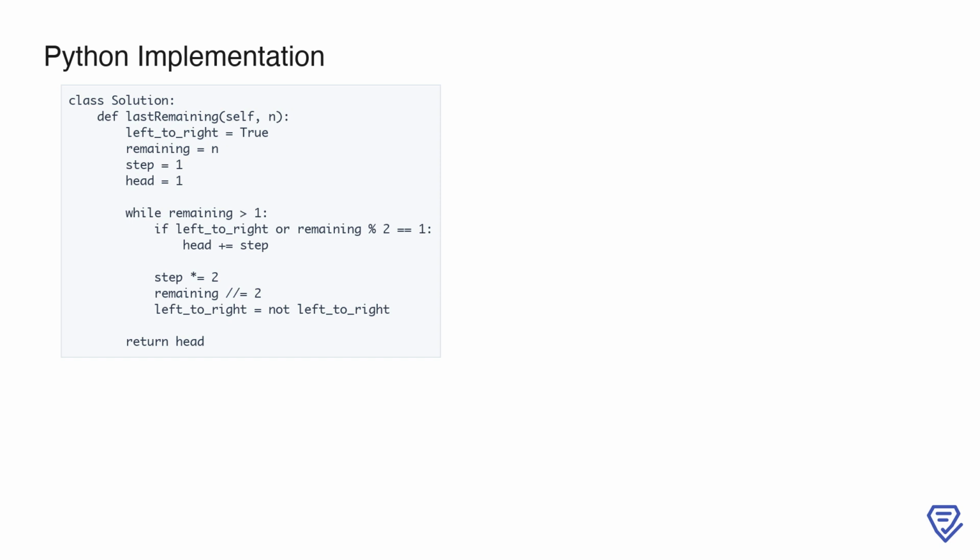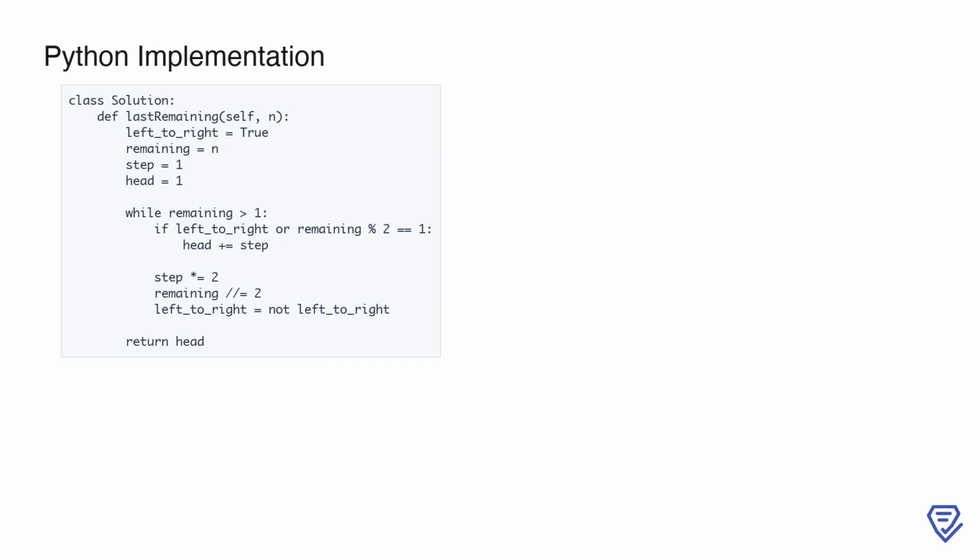The remaining variable keeps count of how many elements are still in the sequence, and left_to_right toggles the direction of traversal at each step. In each iteration of the while loop, the algorithm determines whether the head needs to be updated. If the direction is left to right, or if the count of remaining elements is odd, the head is incremented by the current step. This accounts for the removal of elements at the current step.